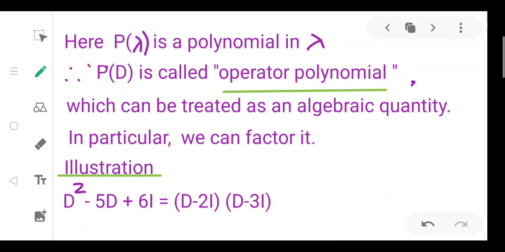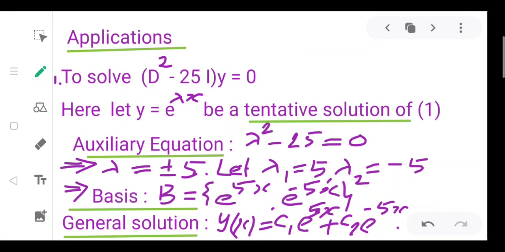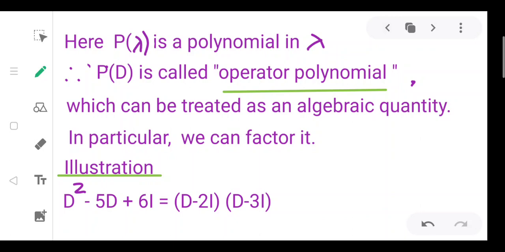For example, D square minus 5D plus 6I can be factored as (D minus 2I) into (D minus 3I). It has very wide applications to solve homogeneous linear differential equations with constant coefficients. Remember that.